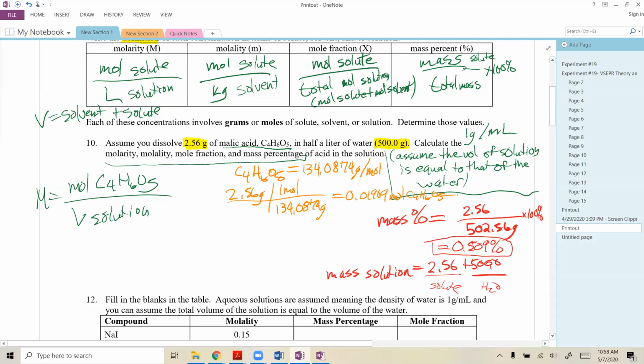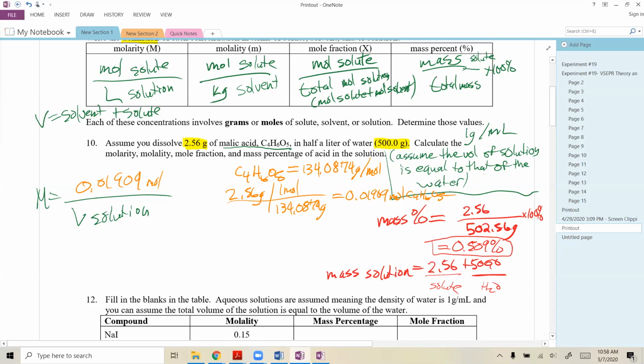All right. So we have our moles and we can plug that into here. How are we going to find the volume of our solution? It's saying that we have half a liter of water, 500 grams. Very good.